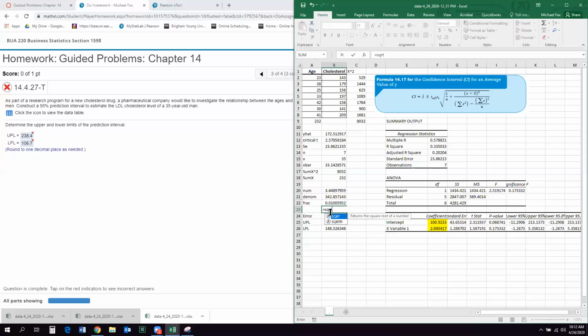And then this is going to equal the square root of 1 over n plus, so our error is going to equal critical t times standard error times that.